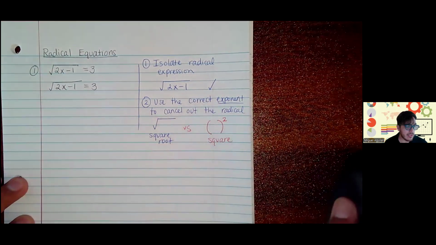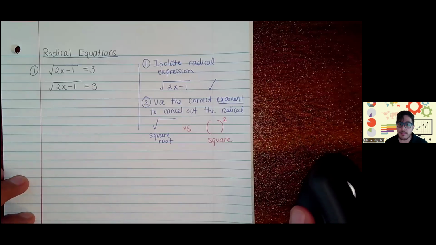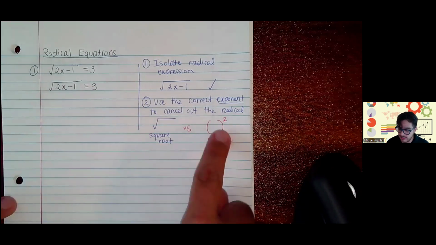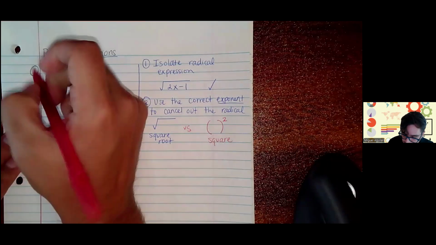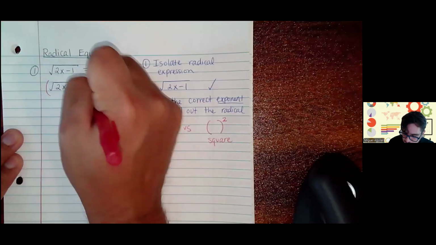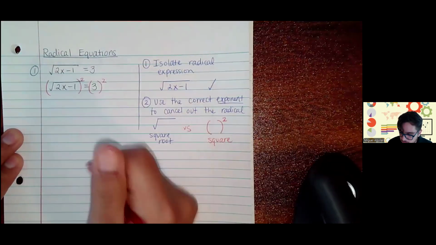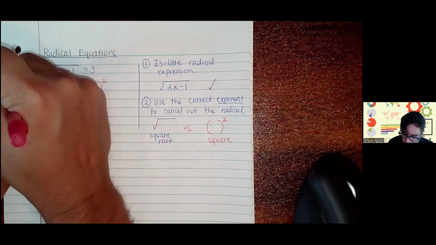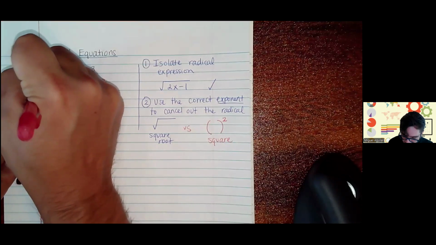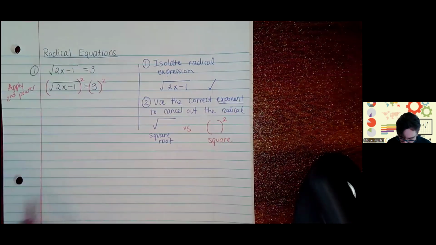And so what we're going to do instead is isolate that and then cancel it out using the second power. Okay. So what I mean by that is that we're now going to get to introduce this second power here. Take the second power of both sides. So apply the second power to both sides of my equation.